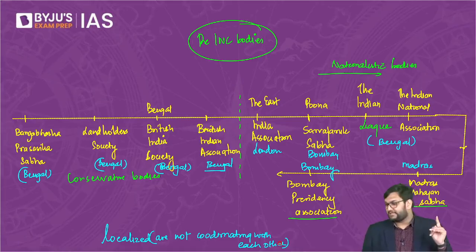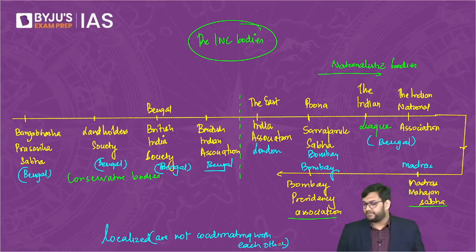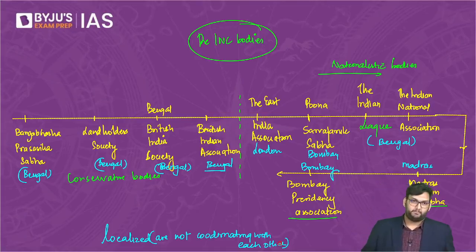So please understand this point. We have discussed the company Raj. We've understood what is nationalism. We've understood the reasons for the rise of nationalism. Now we're discussing organizations which came before the INC. The first all India national body was the INC. Now we are seeing how these are the building blocks on which the INC will be formed in 1885, finally.